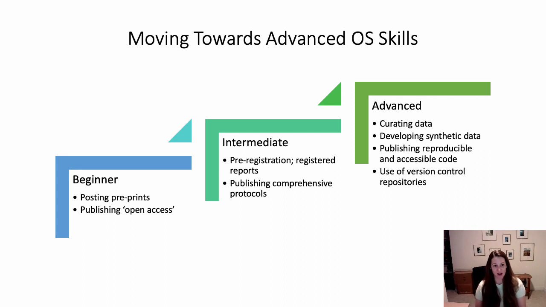I would consider those, although the most ubiquitous open science practices, to be the most approachable and to need beginner level skills. You may need money to publish open access, but it's not necessarily going to require a separate set of skills.